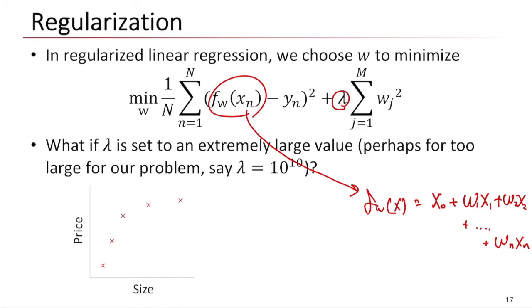Then if this parameter is extremely high, the effect of these terms will be eliminated. So in this case, the mapping function really looks like this.